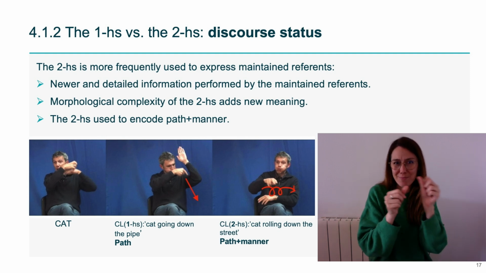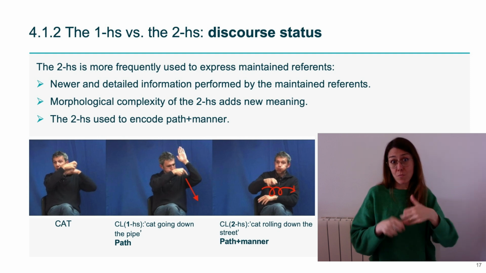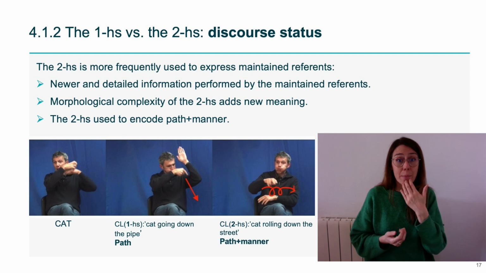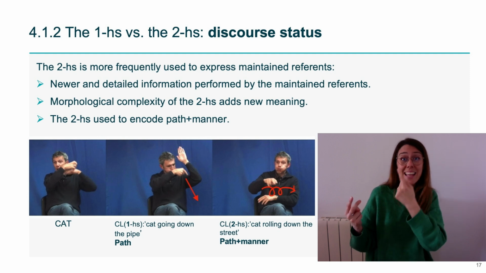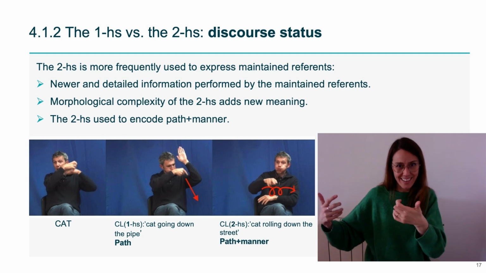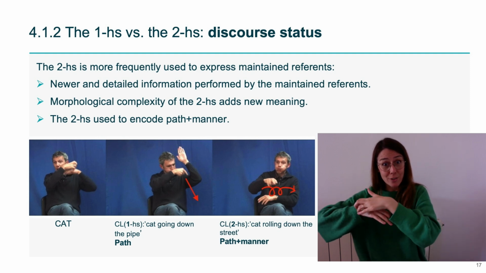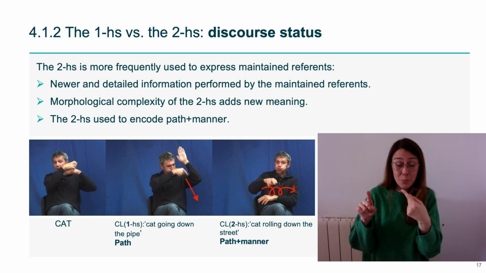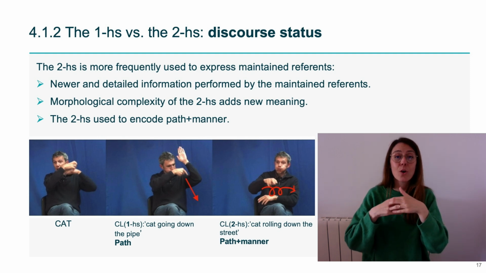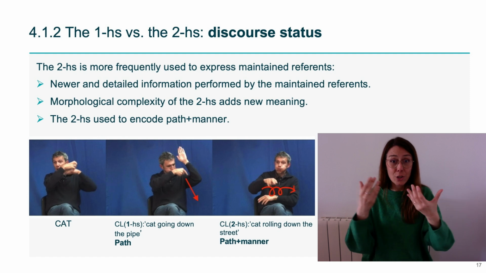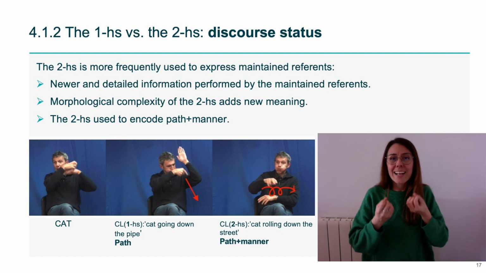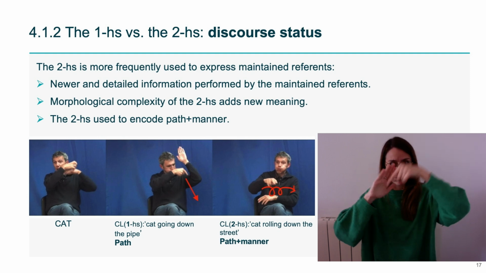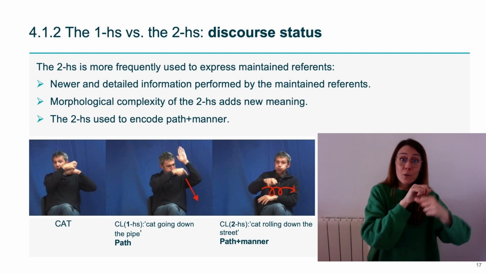So in the example we find here in the slide, this means that a cat is going down the pipe and then the cat is rolling down the street. So we first see that the cat is reintroduced with a lexical sign, and then the classifier handshape used to refer to the reintroduced cat is handshape 1.